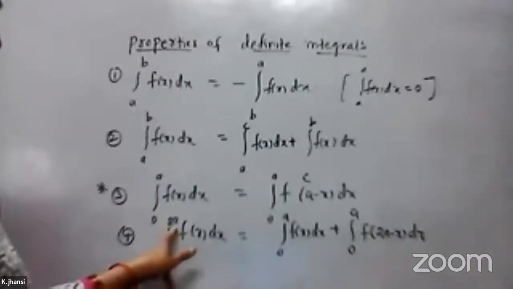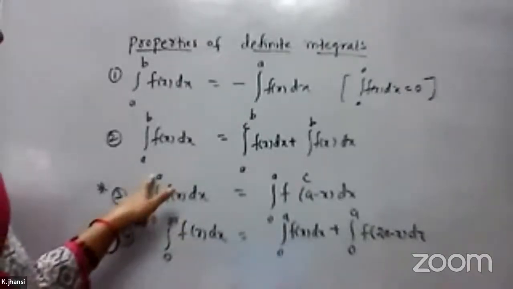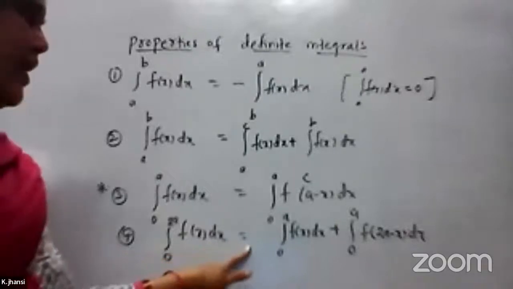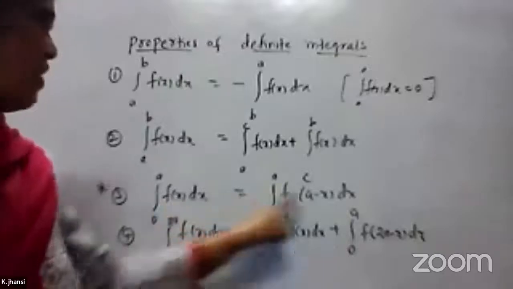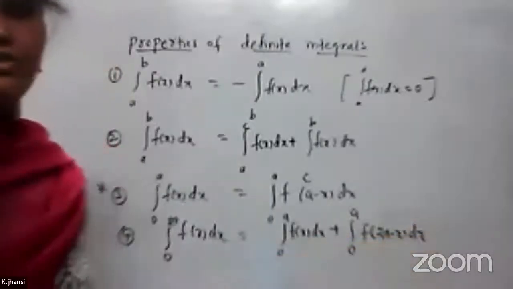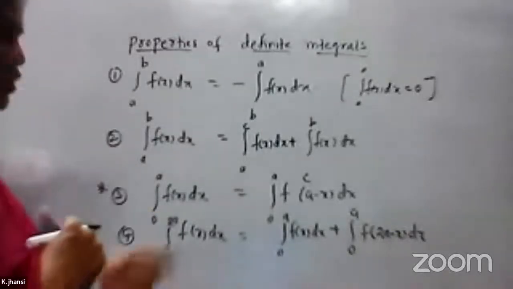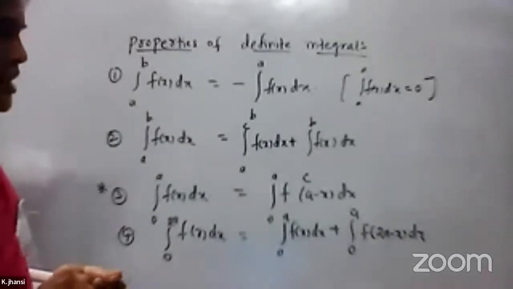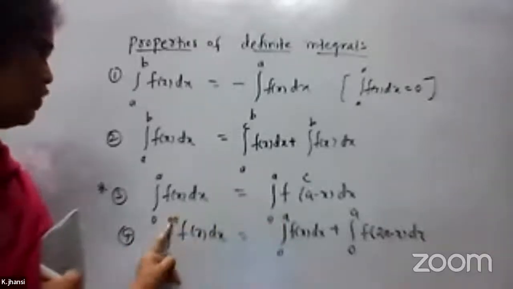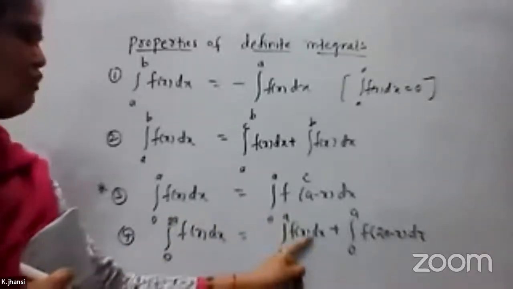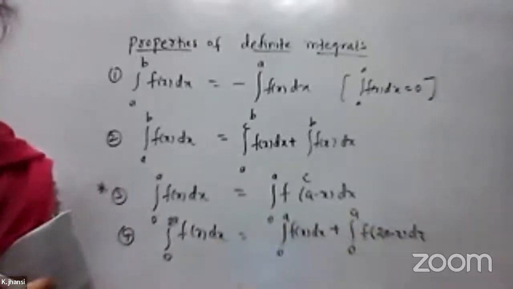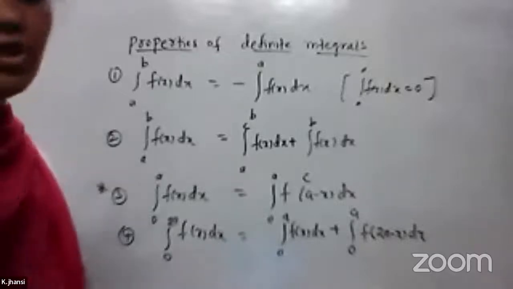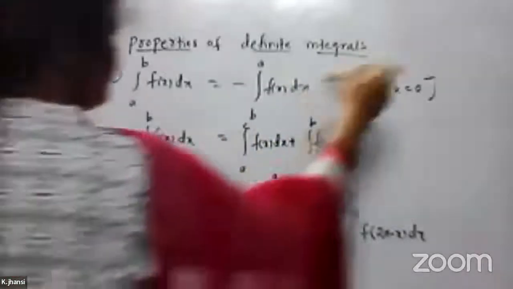So if you have 0 to 2a, we can write it as 0 to a f of x dx plus 0 to a f of (2a minus x) dx. So if you have 0 to 2 pi f of x dx, then 0 to pi f of x dx plus 0 to pi f of (2 pi minus x) dx. That conversion you have to do and solve the problem. This is the fourth one.